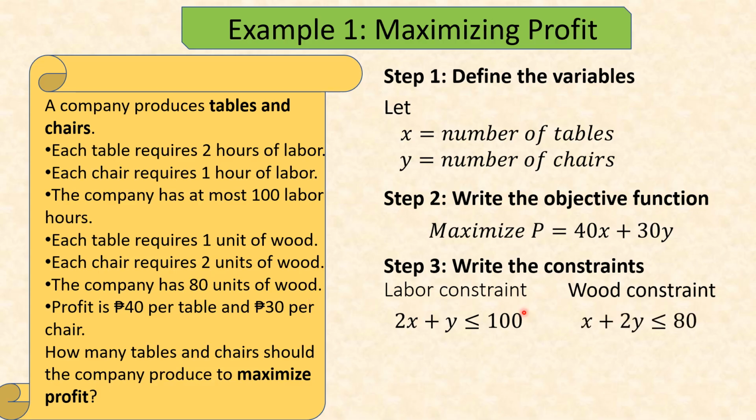So X plus 2Y is less than or equal to 80. That is our constraint. Then we have the non-negativity. Since we said earlier that we cannot produce negative products, X must be greater than or equal to 0 and Y must be greater than or equal to 0.